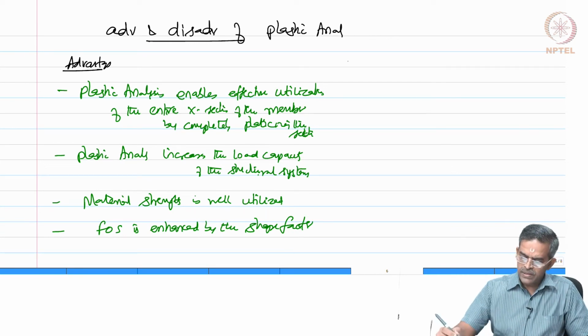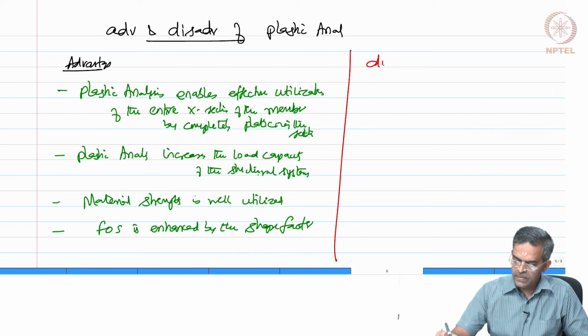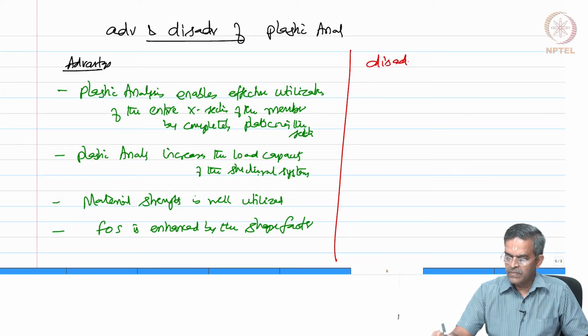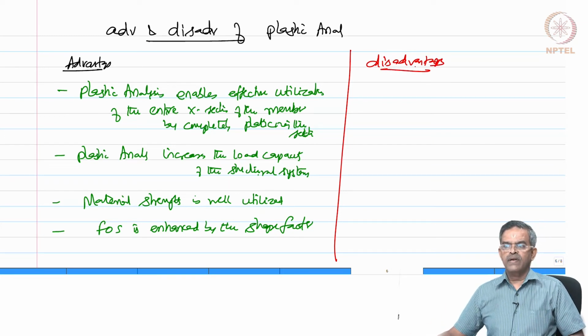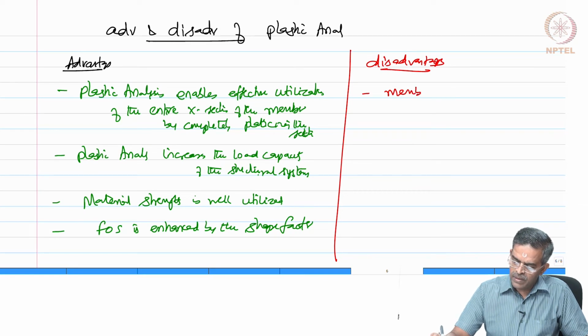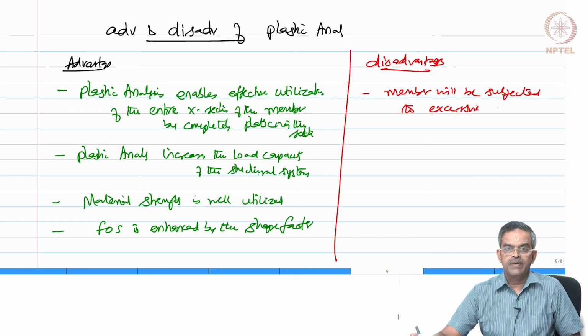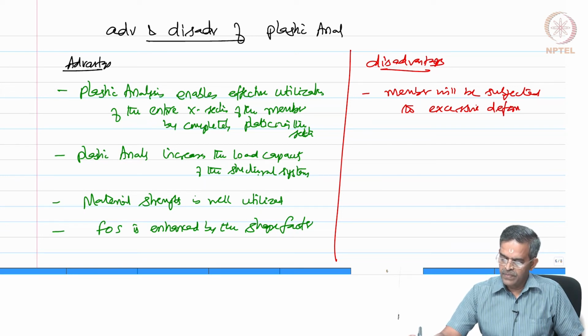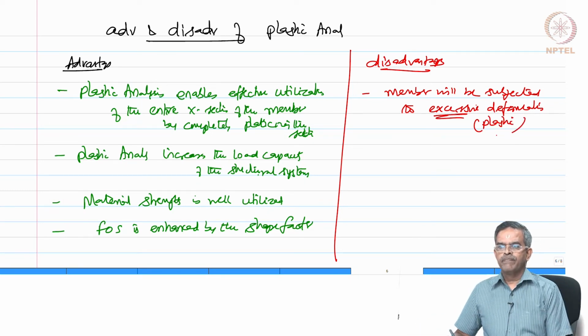What are the demerits of plastic analysis? The disadvantages could be the member will be subjected to excessive deformation. In fact, it is subjected to plastic deformation.